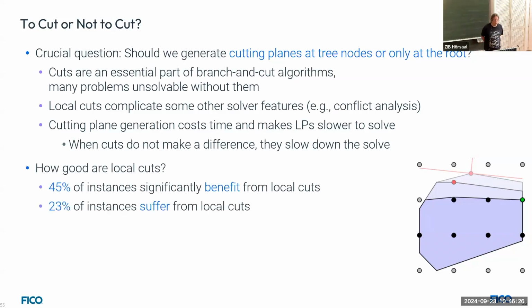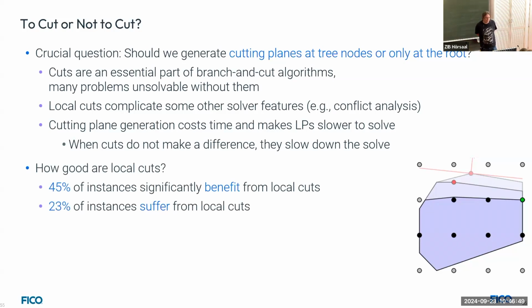Conflict analysis gets more challenging, or in some cases even prohibitive, for various reasons if you're working with local cuts. And then, of course, cutting plane generation itself just costs some time, and adding cuts to the IP makes the IP slower to solve. So you need some return on investment there for this procedure to be viable. If your local cuts don't help you with solving the problem, they would just slow down the solve.